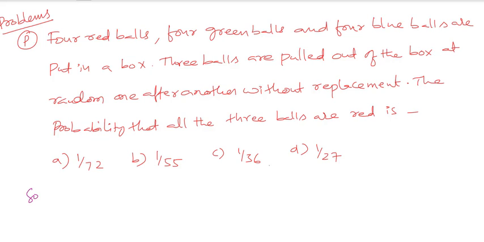So I already told you the kind of questions they will ask in such a case. Read the question properly. 4 red balls, 4 green balls and 4 blue balls are kept in a box. 3 balls are pulled out, one after another, without replacement.